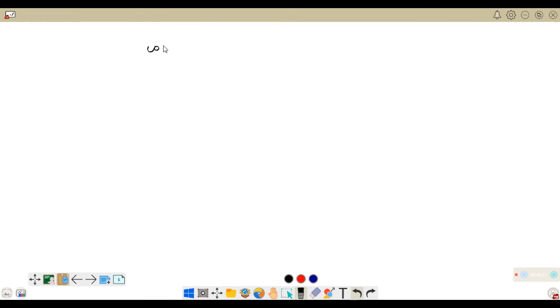So, we have cosine squared theta plus sine squared theta is equal to 1. Yan. I-divide natin both sides by cosine squared theta. Okay, cosine squared theta over cosine squared theta, 1 na lang yung matitira.